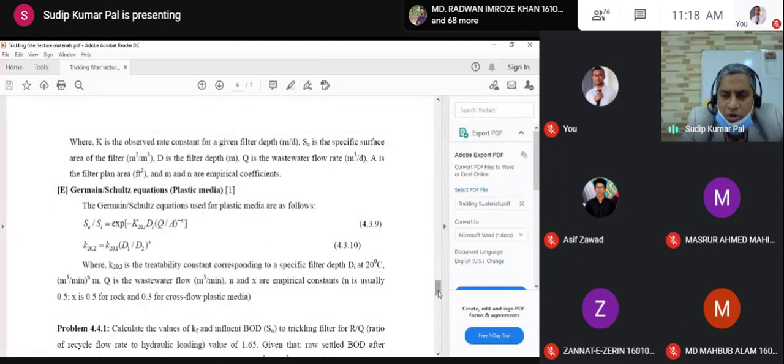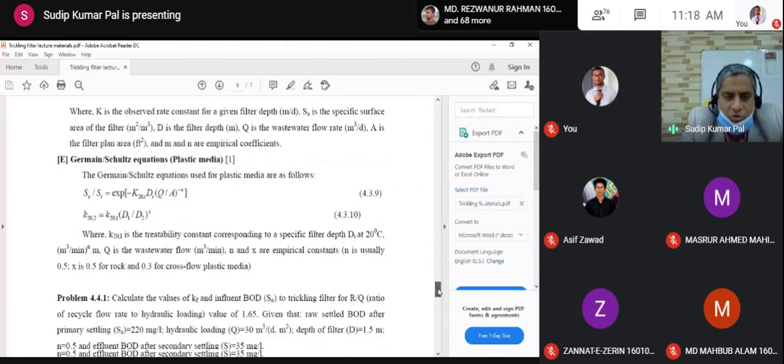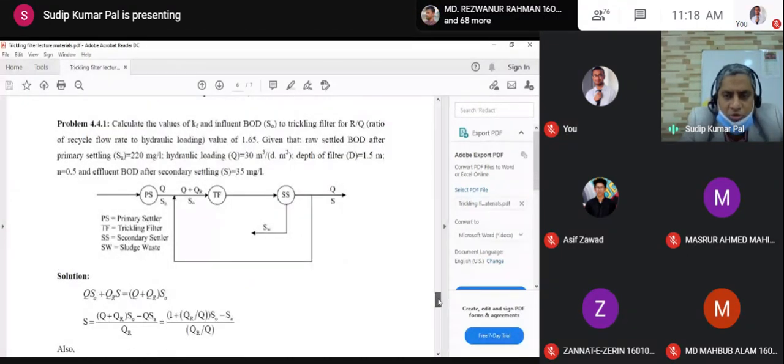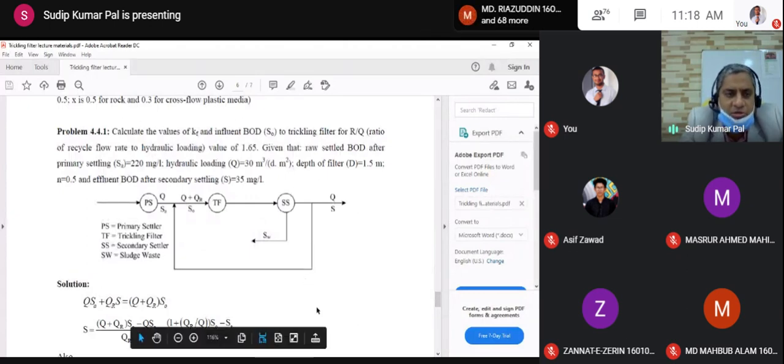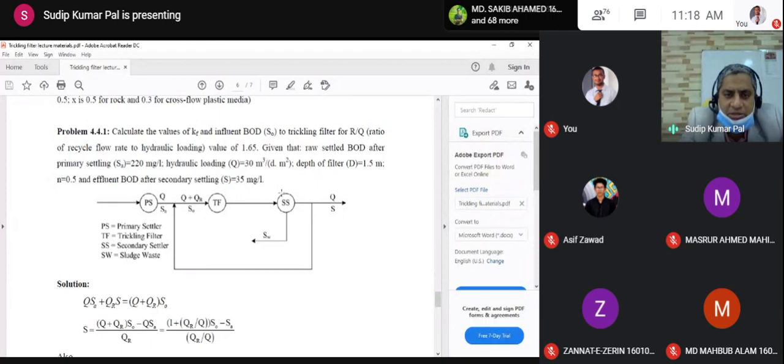So there are a lot of ways we can calculate, but our focus will be mostly on the NRC equation for this course. So you don't need to think about other equations here. And there is also one example I have set here. So in the problem example, you can see the primary sedimentation, then it comes to a trickling filter, and then there is a secondary sedimentation tank. Basically, there is a primary, and after the trickling filter process is going on, then there is a secondary.